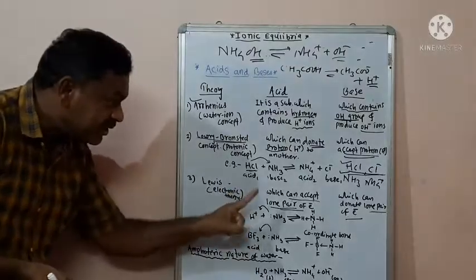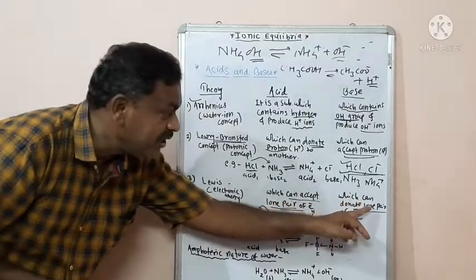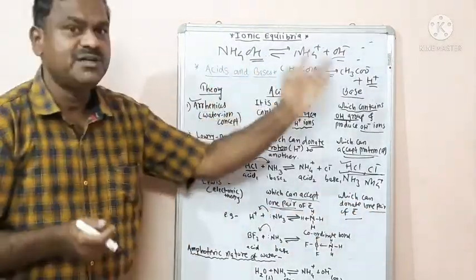In short, accepting a lone pair is an acid, and donating a lone pair is a base.